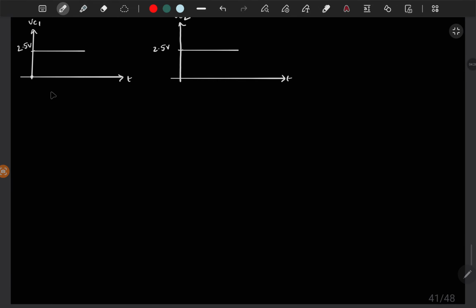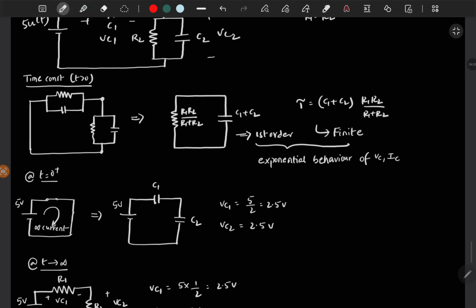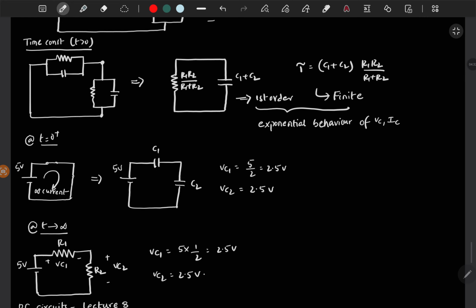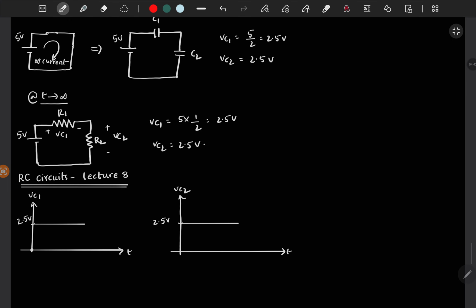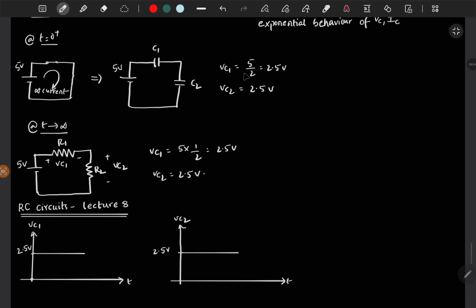So we can write here. For t is equal to 0 plus, since both the capacitors are short circuited because of the initial voltage of 0 volt, you will get impulse current. Since there is impulse current, you will get sudden change of capacitor voltage.